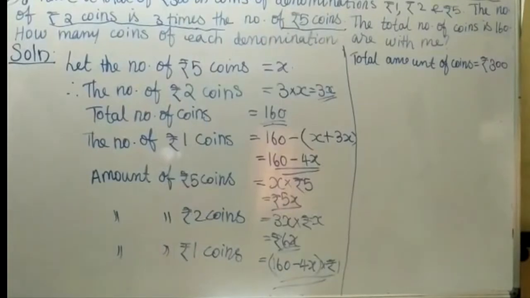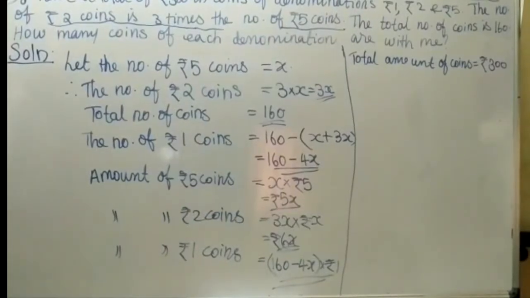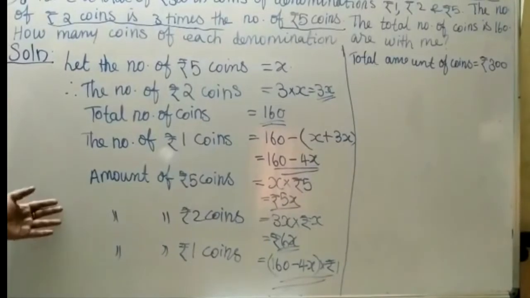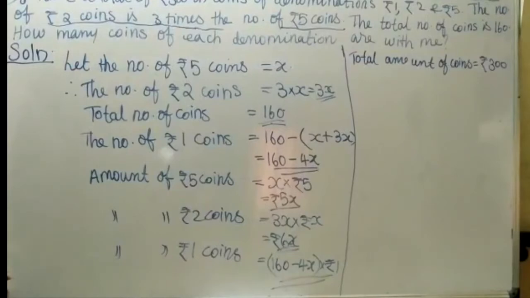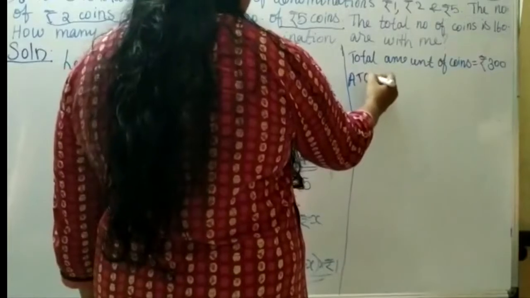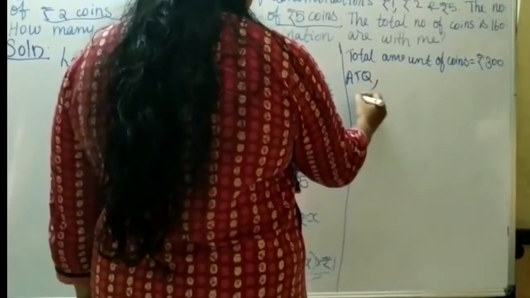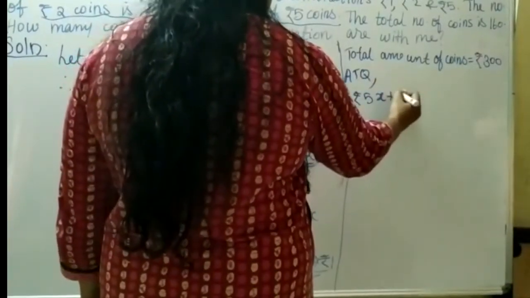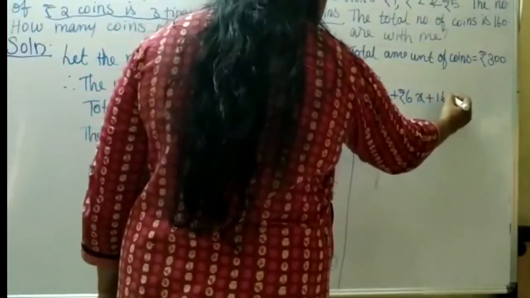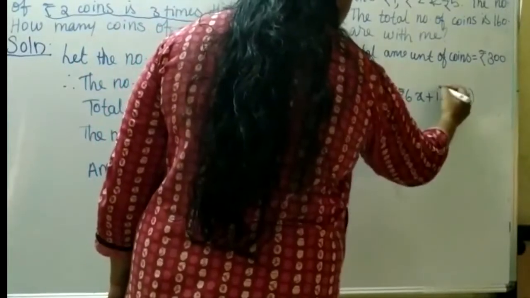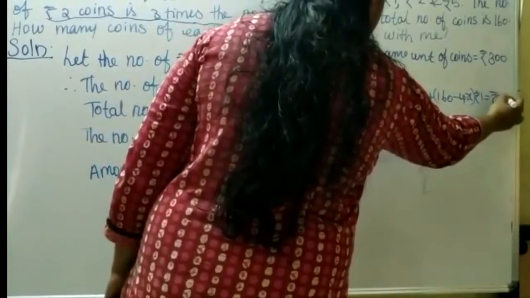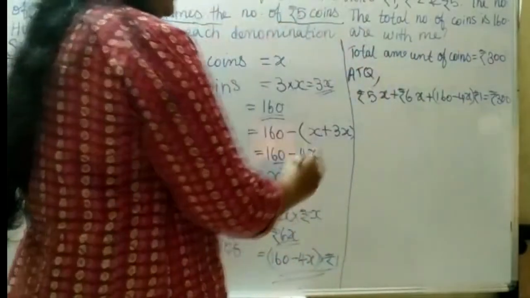The total amount is given as rupees 300. How do we get the total amount? By adding the amounts of all these denominations. So according to the question, we can write rupees 5x plus rupees 6x plus (160 minus 4x) into rupees 1 equals rupees 300. This is the linear equation.